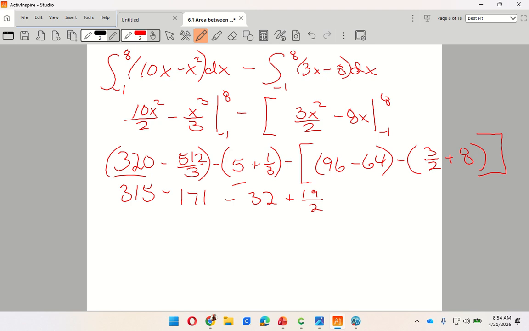You can put it all in the calculator and see what you get. 203. That's 112.